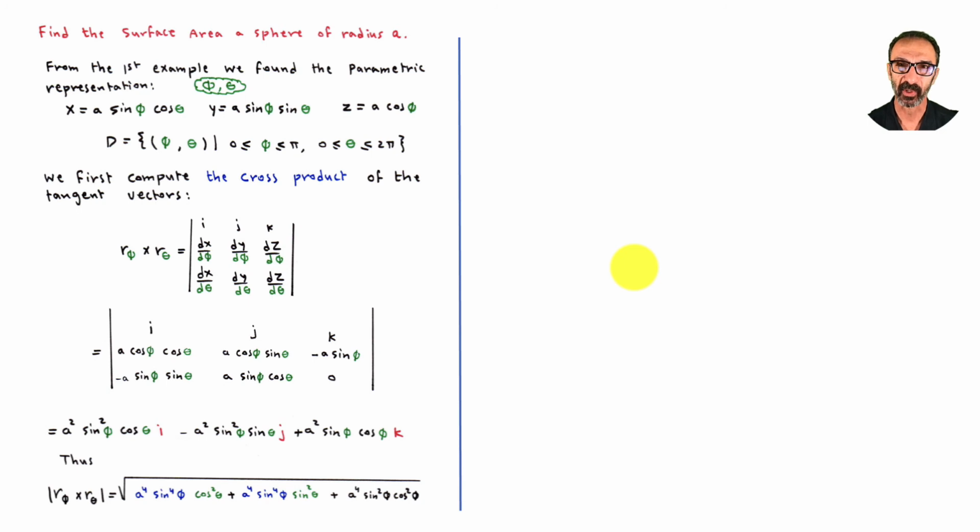You square each part and you add them up and you put the square root. Now, to simplify the algebra for you, I have blue, green, and black. Looking at the blue parts, a to the 4 sine to the 4 phi, a to the 4 sine to the 4 phi. I'm going to take those out as a common factor.